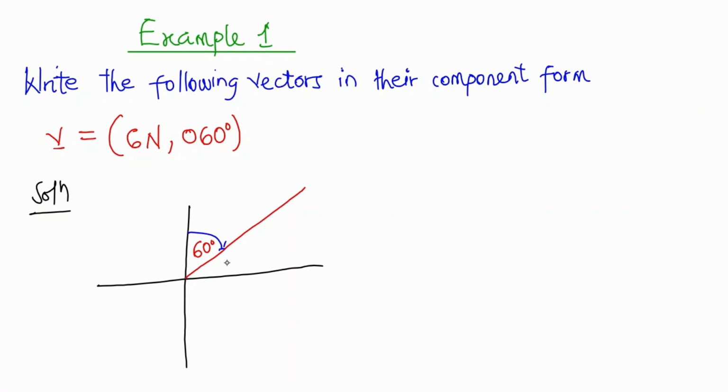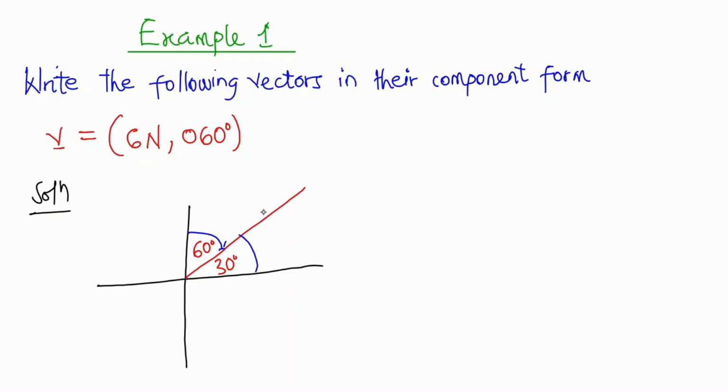But how do we get it? We get it by subtracting 60 from 90, because the sum of angles in this quadrant is 90. So the angle the vector makes with the x-axis is going to be 30 degrees, and their sum is now 90 degrees.